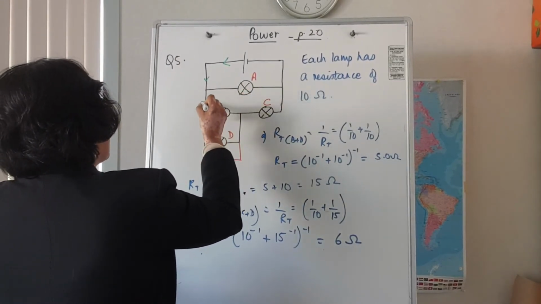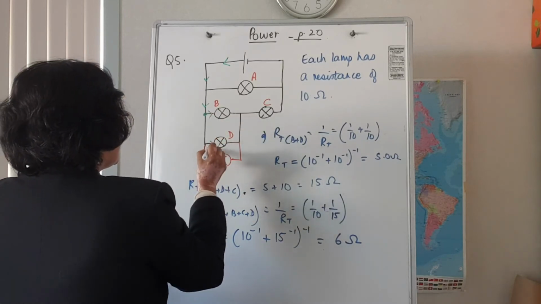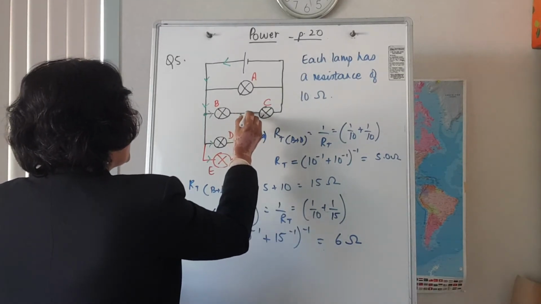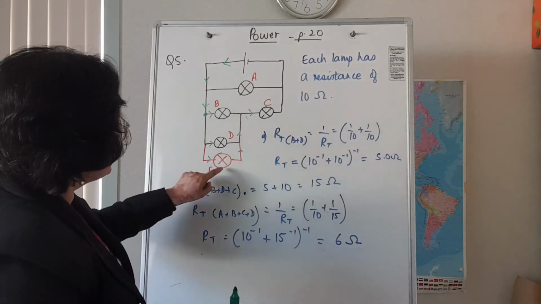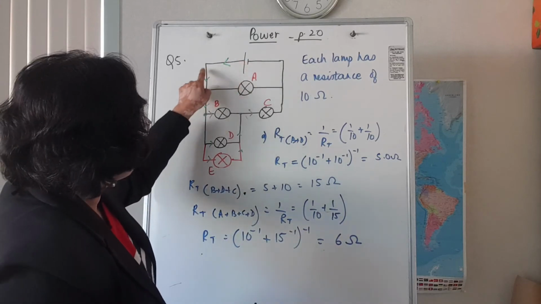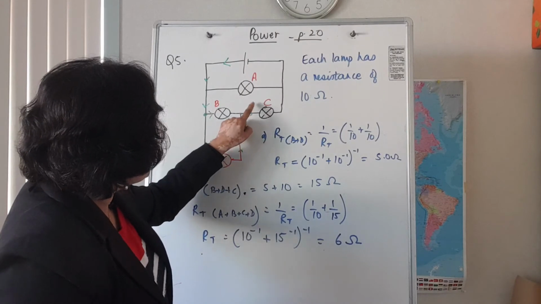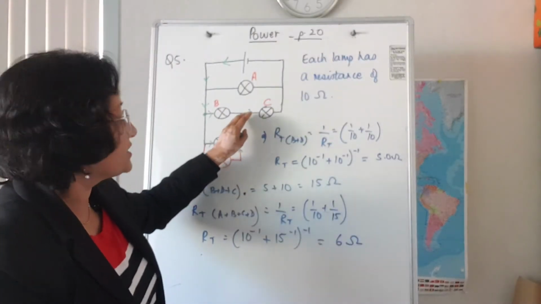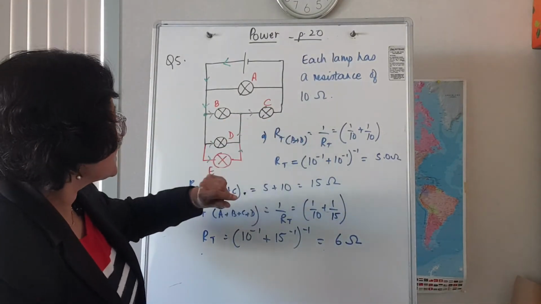When it comes to this junction, this current splits into three, and then they all join up, and this whole larger current is going to go through C. So the addition of E means a bigger current through there, and a bigger proportion of the current goes through C. So C is going to be brighter because it has a larger current as well as a bigger voltage across it.